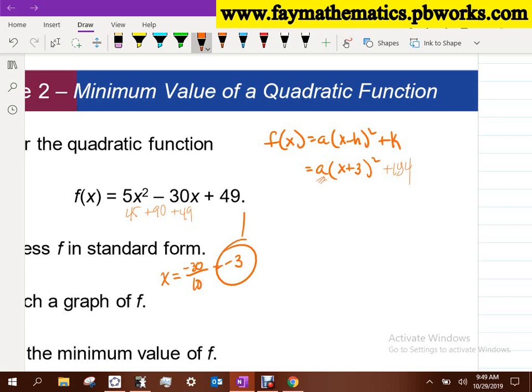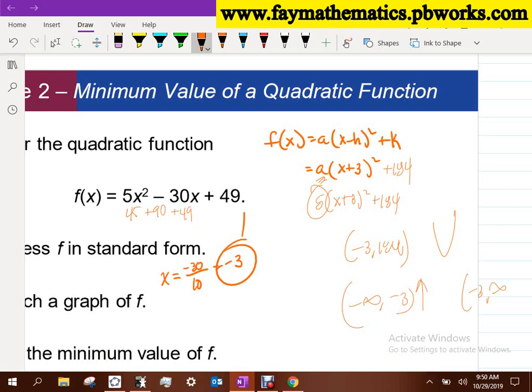And now, what does that number there have to be? It has to be 5. So 5(x + 3)^2 + 184. We know that the vertex is at (-3, 184). That's positive, so this thing is concave up, right? So from -infinity up to -3, this thing is decreasing.